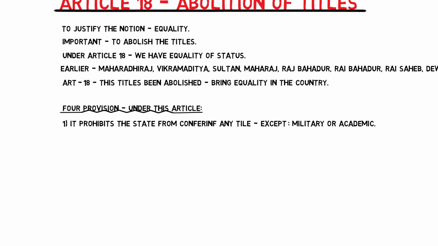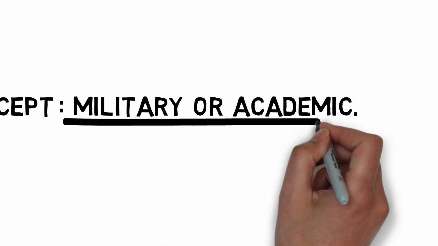These are titles given by the state, or the state has conferred these titles on Indian citizens as well as foreigners, and these titles are basically either military or academic distinctions and have nothing to do with the consolidation of power or royal titles like Maharaja or a Sultan. So that's the first provision which the state has made under Article 18, abolition of titles.